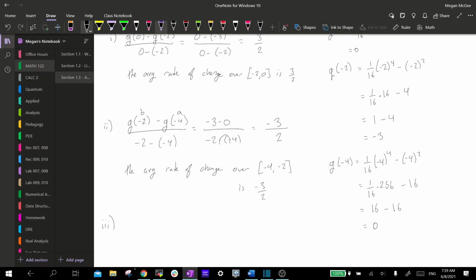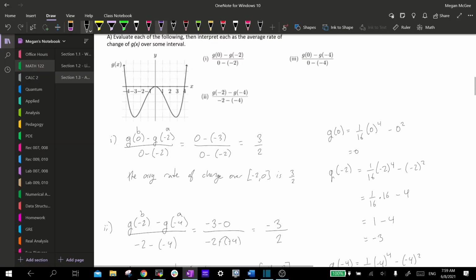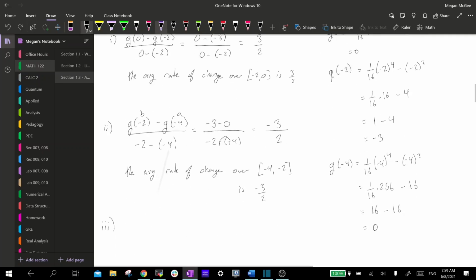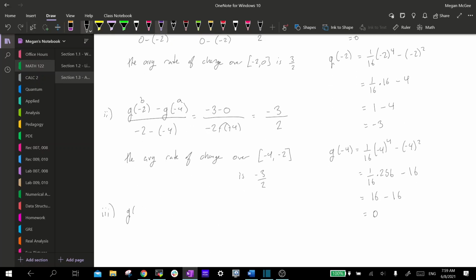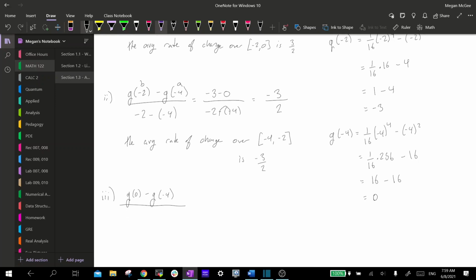Alright, so last part, g of 0 minus g of negative 4. Alright, and so then this will be 0 minus a negative 4. And we have done all of these calculations already.